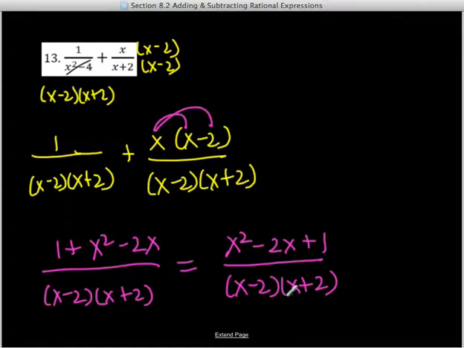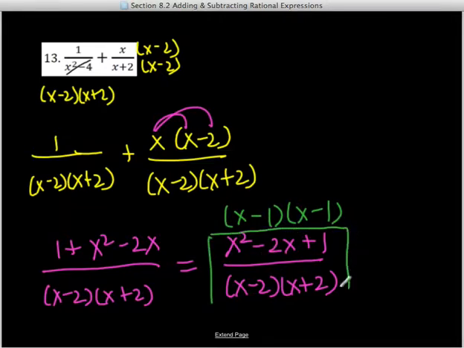We should always go ahead and check, okay, what does this factor into? Well, to multiply to 1 times 1, but add to negative 2, those would both be negatives. Would anything cancel with my numerators and denominators here? No, it would not. So you can either leave it written like this, or you can leave the numerators factored. Either answer will be fine for me.